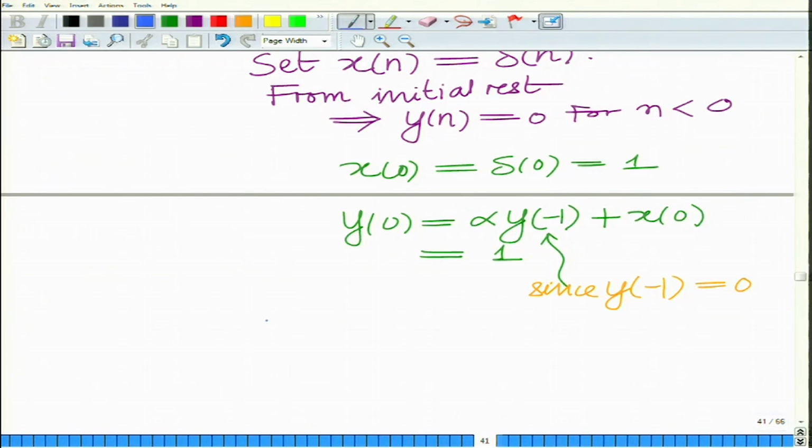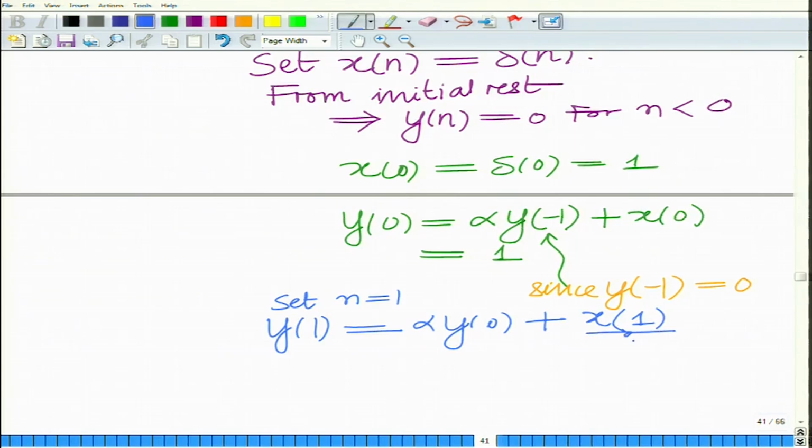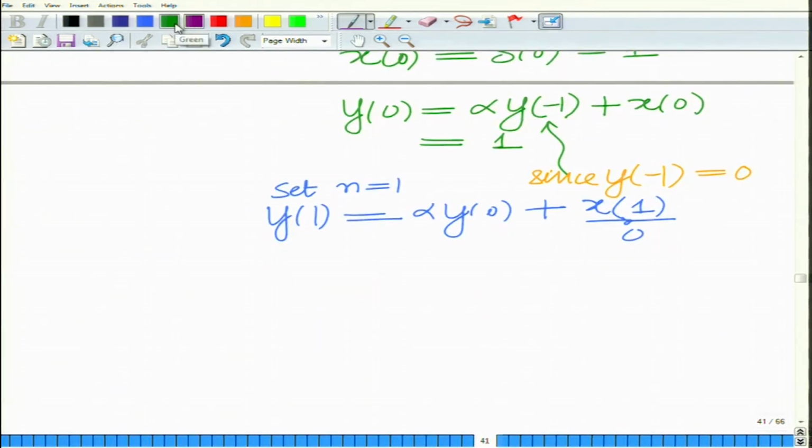Now set n equal to 1: y of 1 equals alpha times y of 0 plus x of 1. Now, x of 1 is 0, so this becomes alpha times 1, which is equal to alpha.